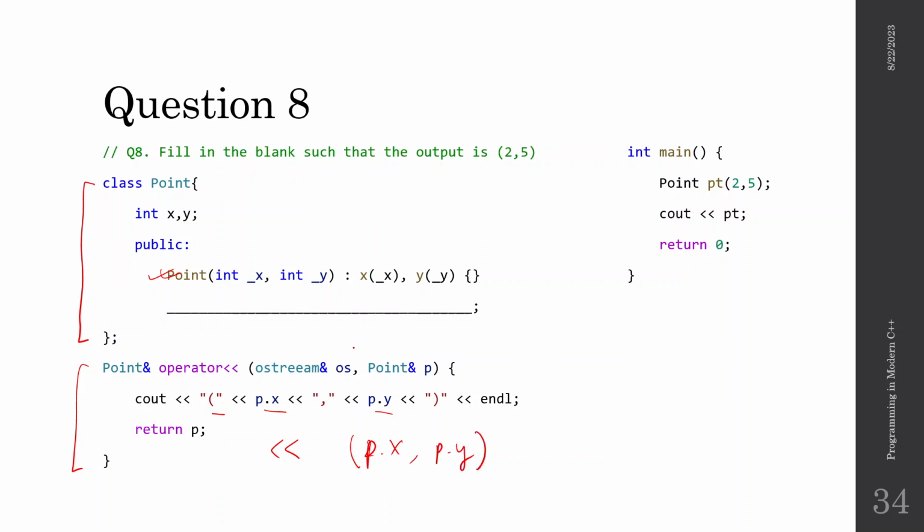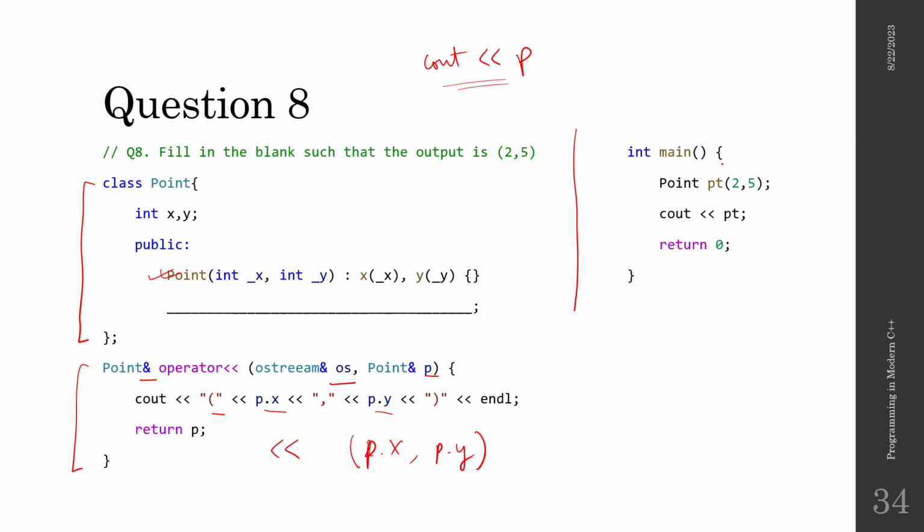Notice here what the arguments are and what the return type is. The arguments are the output stream and a point object. Since the arguments are an output stream and a point object, this will operate between an output stream such as cout and a point object such as p. Okay, so this is the context in which it will operate.